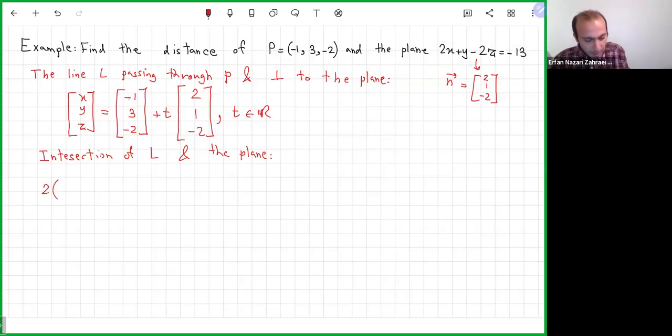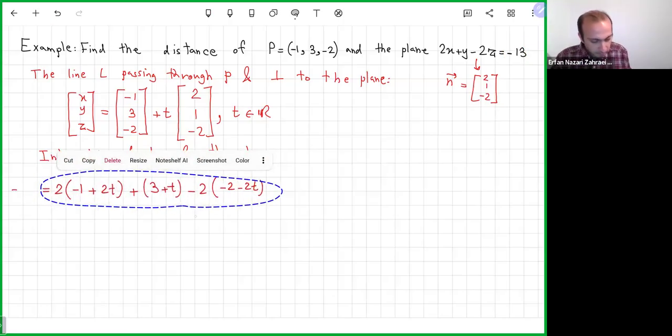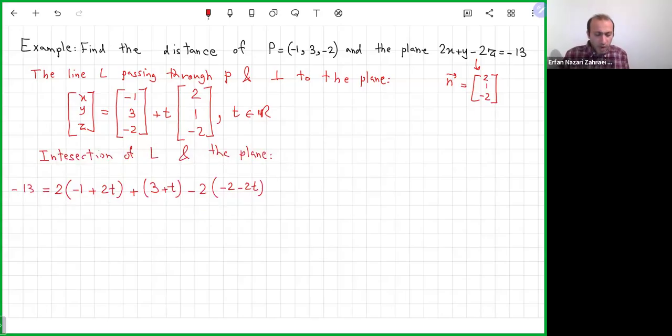It's 2x, but x on the line is negative 1 plus 2t, plus y, but y on the line is 3 plus t, then minus 2z, and z on the line is negative 2 minus 2t. And this should equal negative 13.